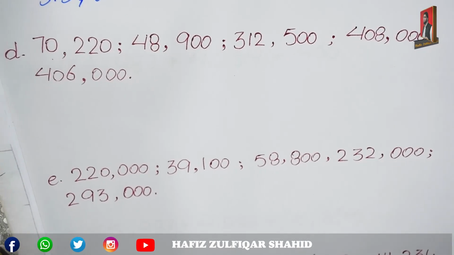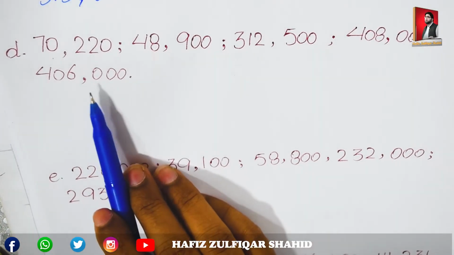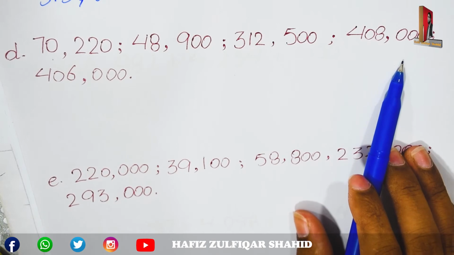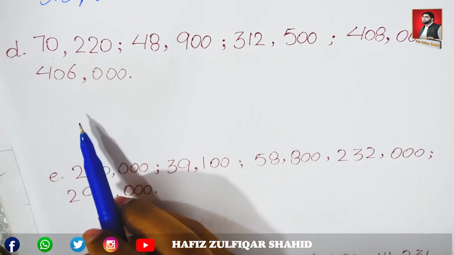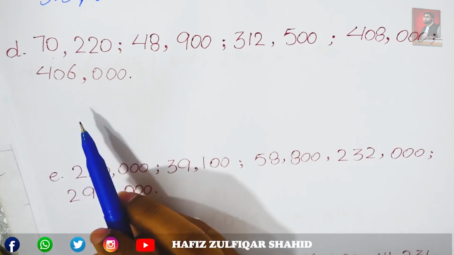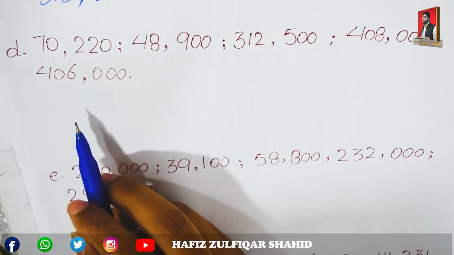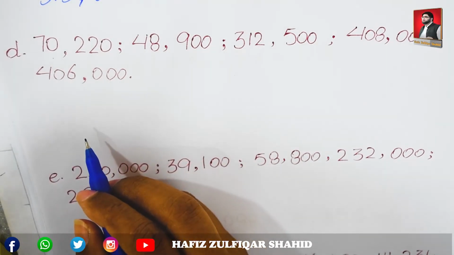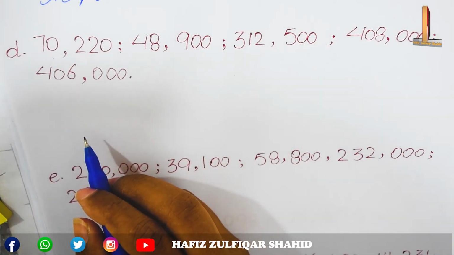Here we have another 5 values to compare, and to write in descending order, and we know that we have to write the largest one first. We will go largest to smallest.